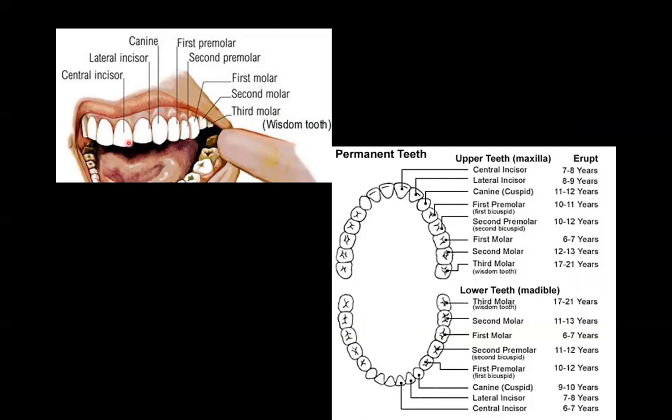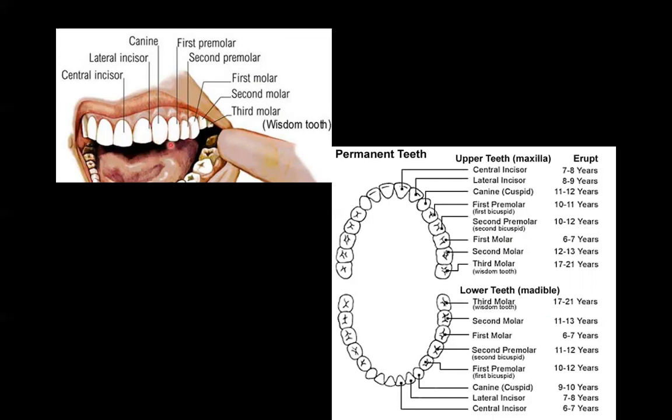So the front teeth, there's 1, 2 incisors that don't have any cusps, they just have a cutting surface. The canine or cuspid tooth has one point, and there's one on either side. So 2 incisors, 1 canine or cuspid.